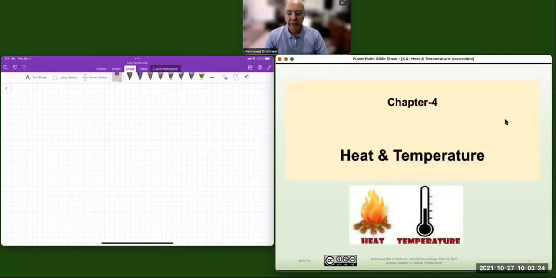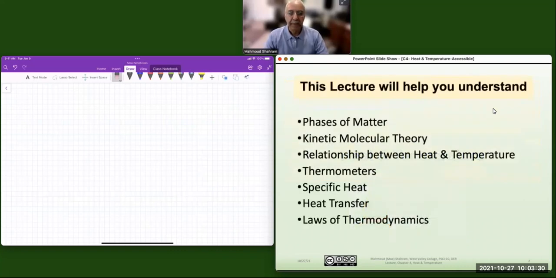And today we are going to cover Chapter 4 about heat and temperature. So we are going to talk about phases of matter and then move on to talk about the kinetic molecular theory that leads us to define the concept of temperature and heat.